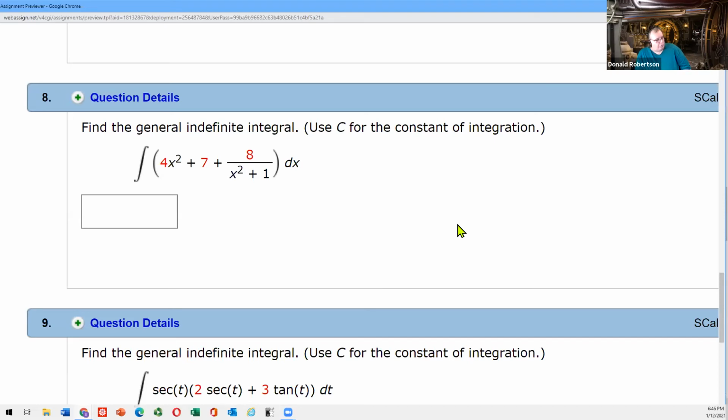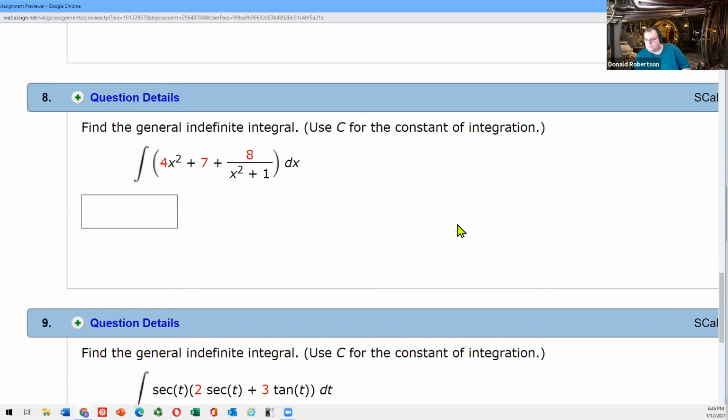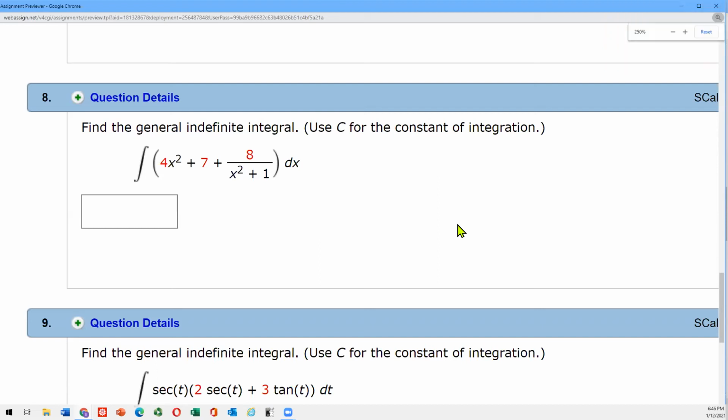But what is 8 over x squared plus 1's antiderivative? Is that 8, 10? Yeah, 8 inverse tan. Agreed. 8 inverse tan, or arctan if you prefer.